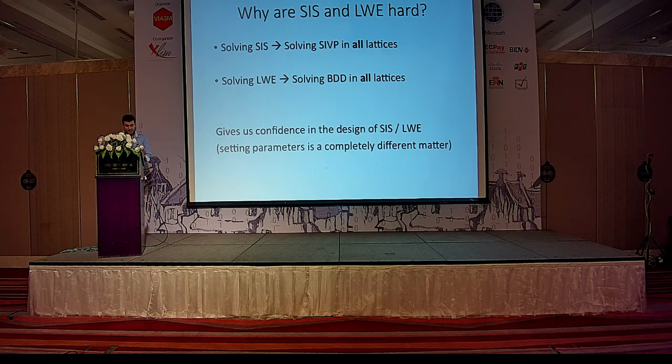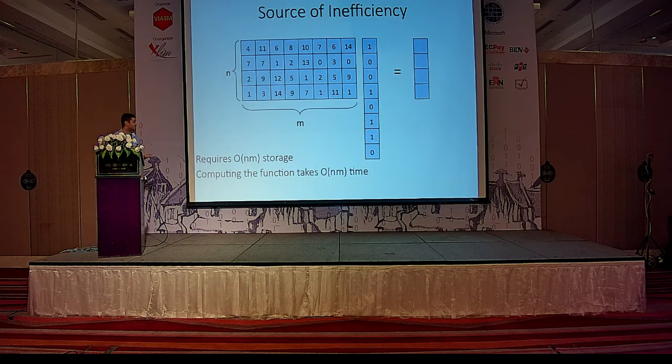We don't know exactly what parameters, so setting parameters for SIS does not come from those reductions. But at least we know there are some parameters that will work, and this is what keeps us working with SIS and LWE, because we know at least the design is good, if we believe that SIVP and BDD are hard in the worst case. But there's a source of inefficiency for SIS.